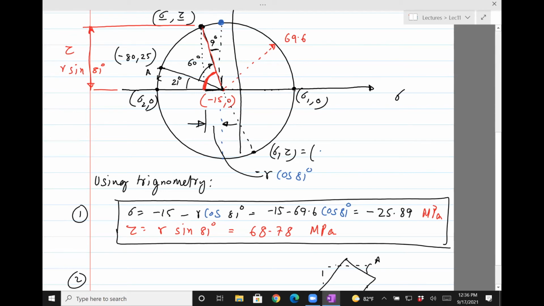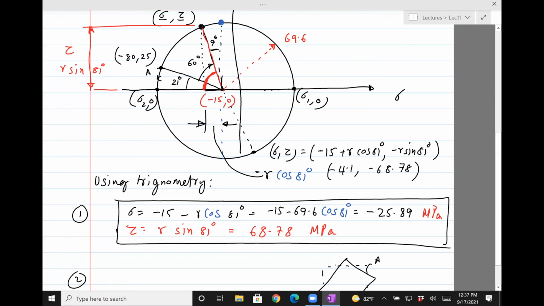So the sigma is going to be minus 15, plus r cosine of 81 degrees, and then minus r sine of 81 degrees. So what I got is minus 4.1 MPa, and then minus 68.78. So this is for phase B.